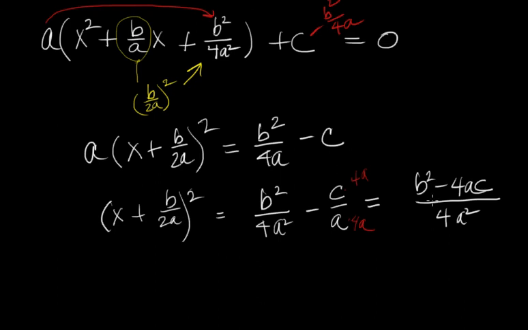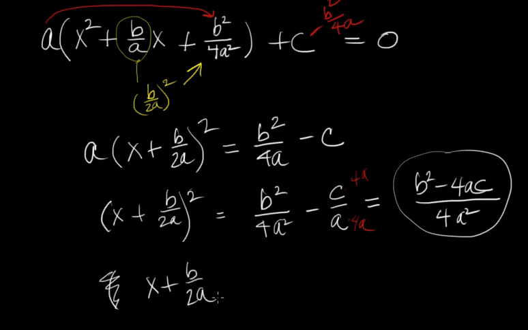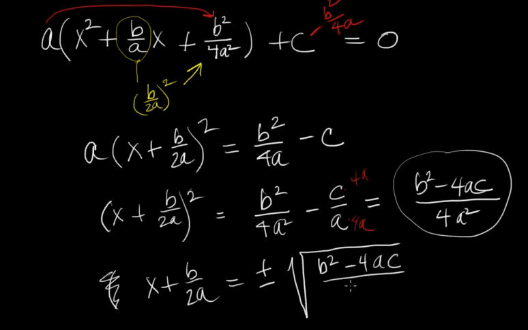So I have this perfect square is equal to this. So I want to take plus or minus the square root then. x plus b over 2a is equal to plus or minus the square root of that number, b squared minus 4ac all over 4a squared.